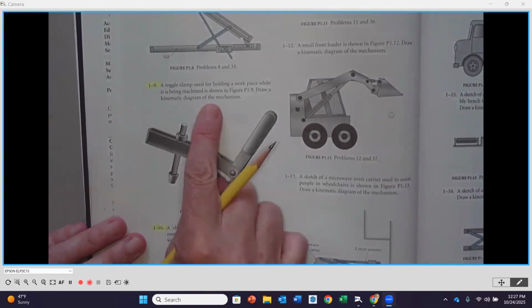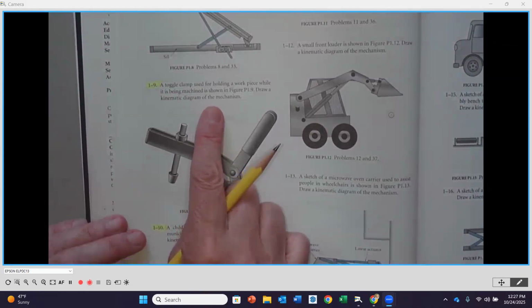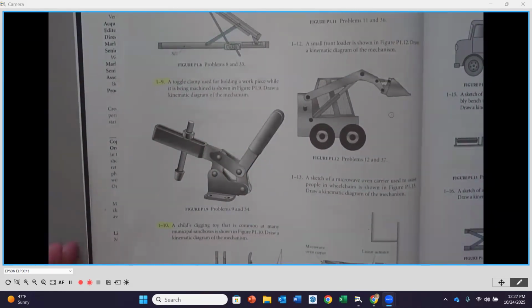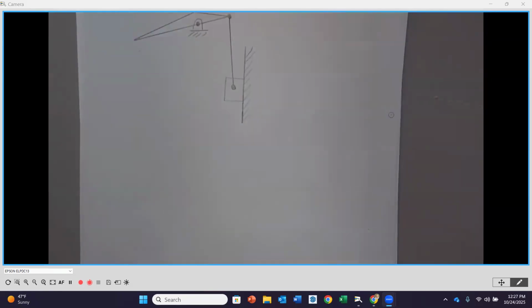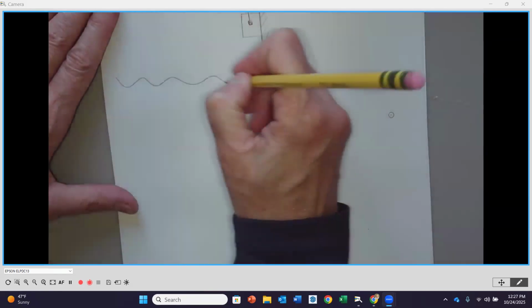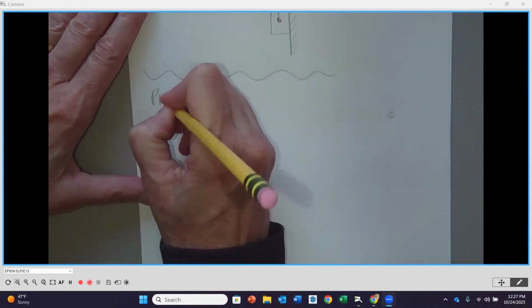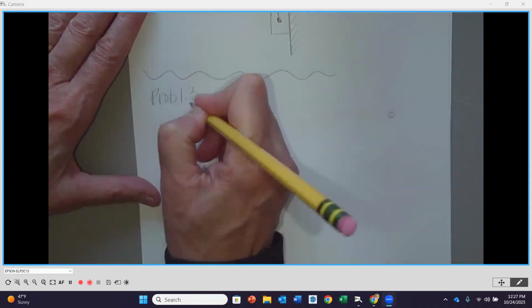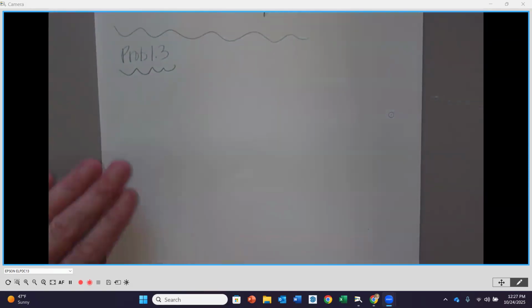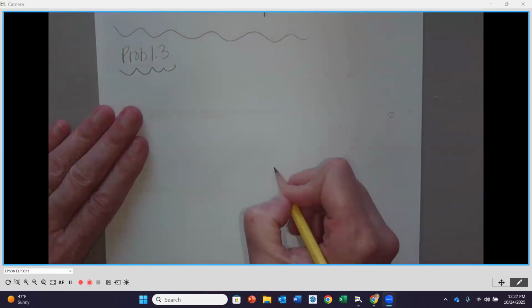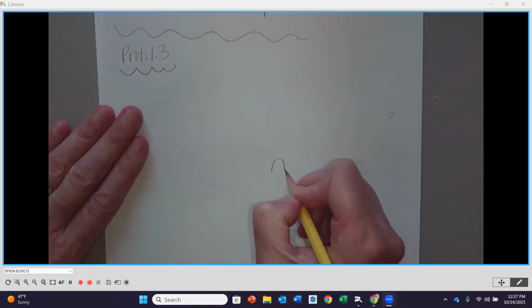Notice again, they don't tell you that they're interested in any special interest points, so you can take that whichever way you want. So what I'm going to do is make another diagram here. Okay, so this is going to be problem 1.3. And this one, we are going to start with our frame down here.